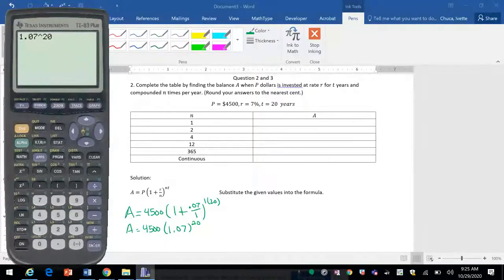You don't want to round until the very end. So we get 3.86 and so on. Then we multiply times the 4,500.